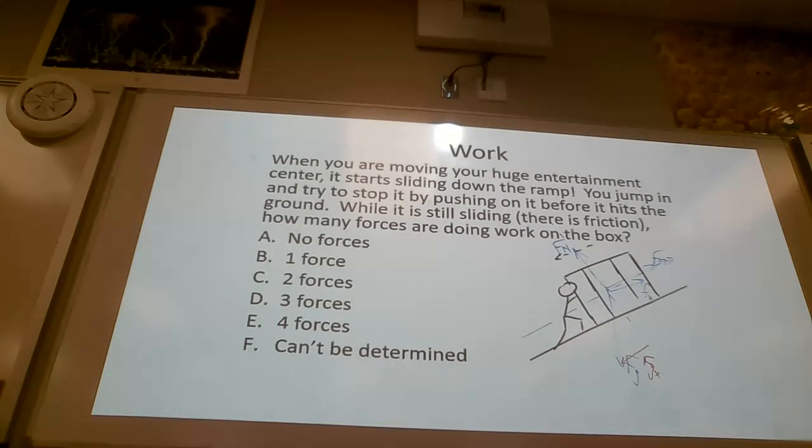Now, big picture, why are we bringing up this new concept of work? Like, what's the point? So, you have been studying energy in science since late elementary school. Energy cannot be created or destroyed, right? And we have not yet talked about energy in this class. Okay, it's a big part of science.